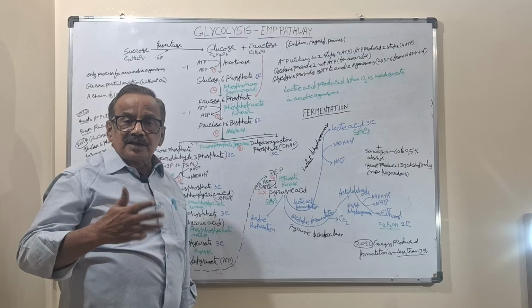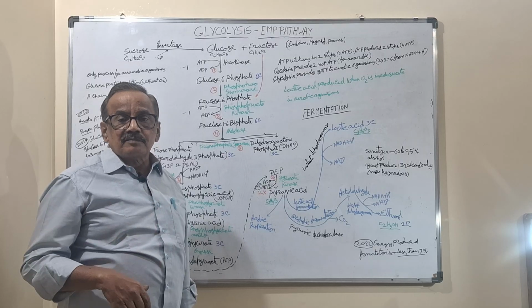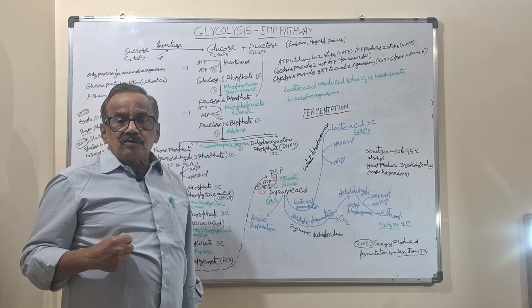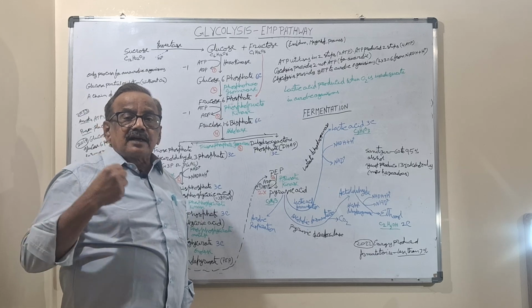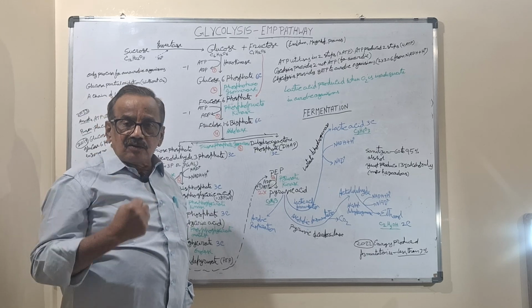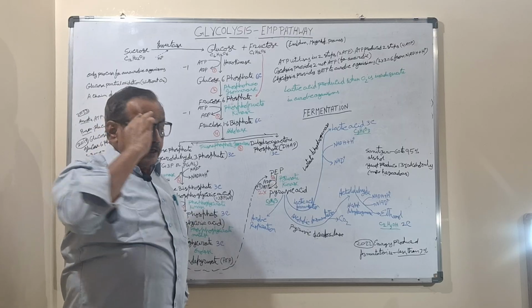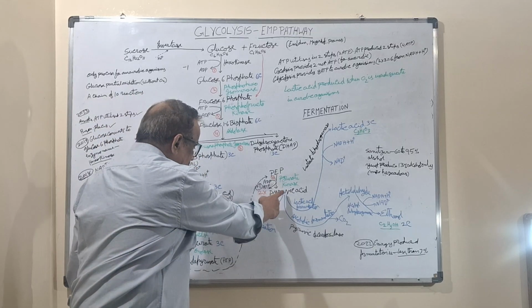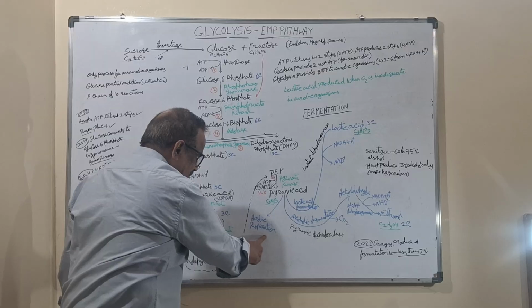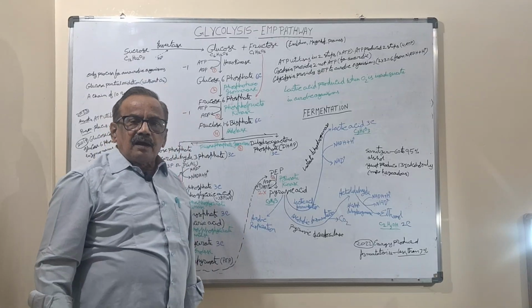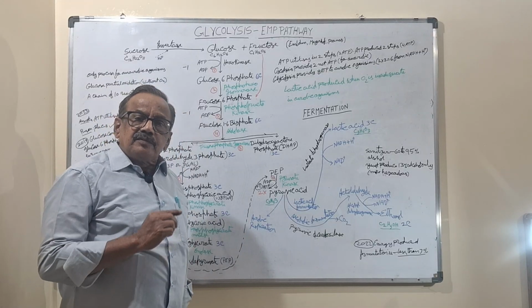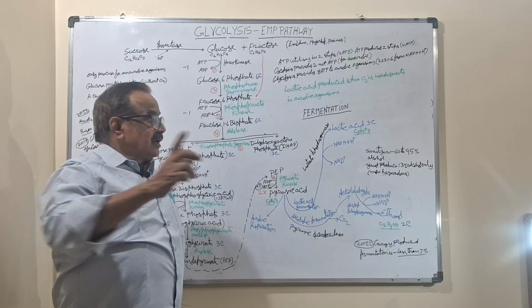Their stored energy is present in between the carbon bonds. That energy also should come out. If it is coming out, all the 3 carbon bonds, then it is called aerobic respiration. The pyruvic acid may enter into the aerobic respiration, or the pyruvic acid may enter into the fermentation.